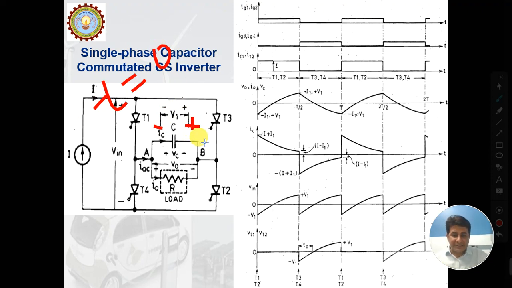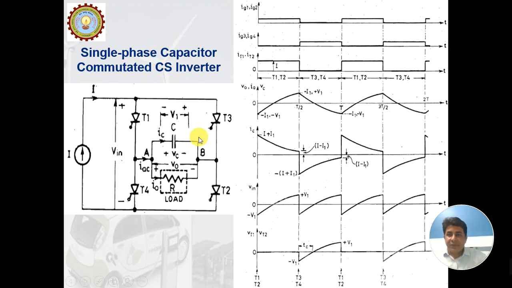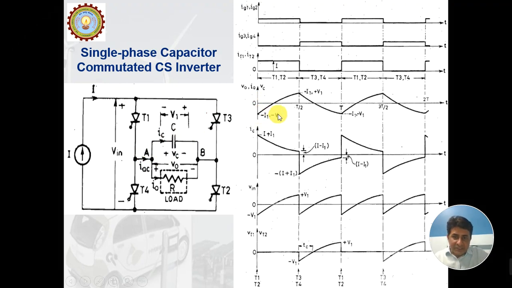Now at this time, what happens? During this time, because this capacitor is charged with a negative voltage, the voltage of the capacitor is minus V1, and this is the voltage which is appearing at the load.